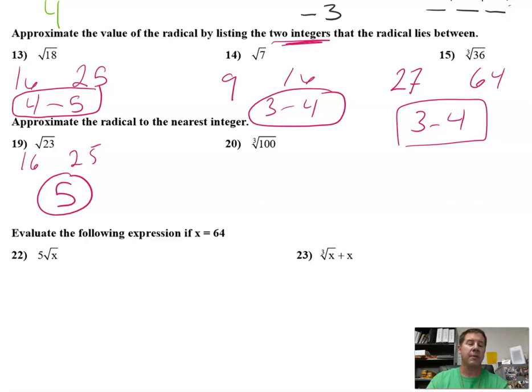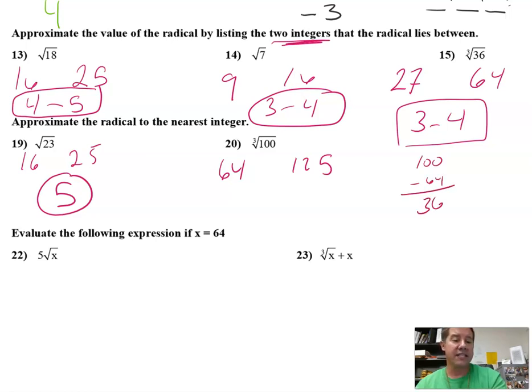The cube root of 100 is between 64 and 125. So it's between 4 and 5. Now, which one's it closer to, though? This one's a little bit tougher. I might have to actually go and subtract. 100 minus 64 is 36. 125 minus 100 is 25.